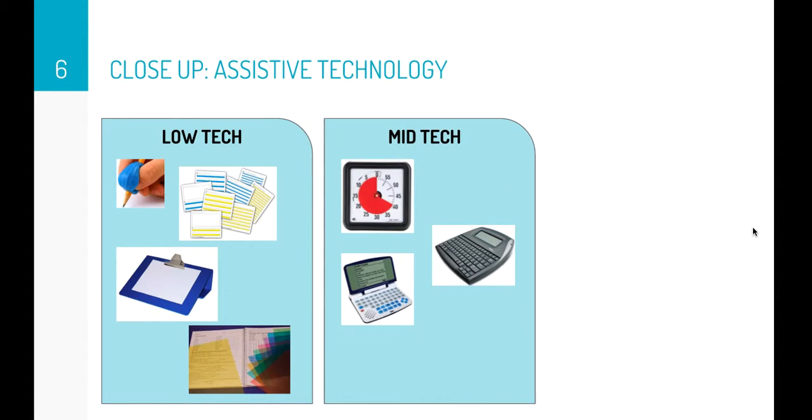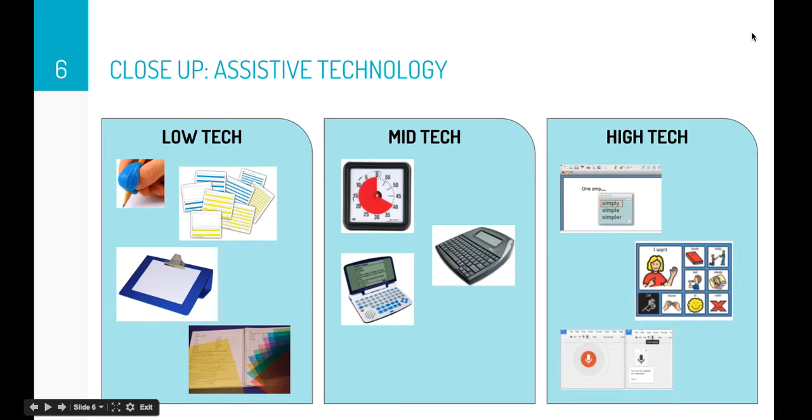It may also be mid-tech, which often runs on batteries and is a little bit more complicated than low-tech, but still fairly easy to integrate into a classroom. And then there's high-tech, and this usually involves computers, tablet devices, more complicated software. And although it's able to do more, it is definitely more difficult to implement and has a higher learning curve in its use.